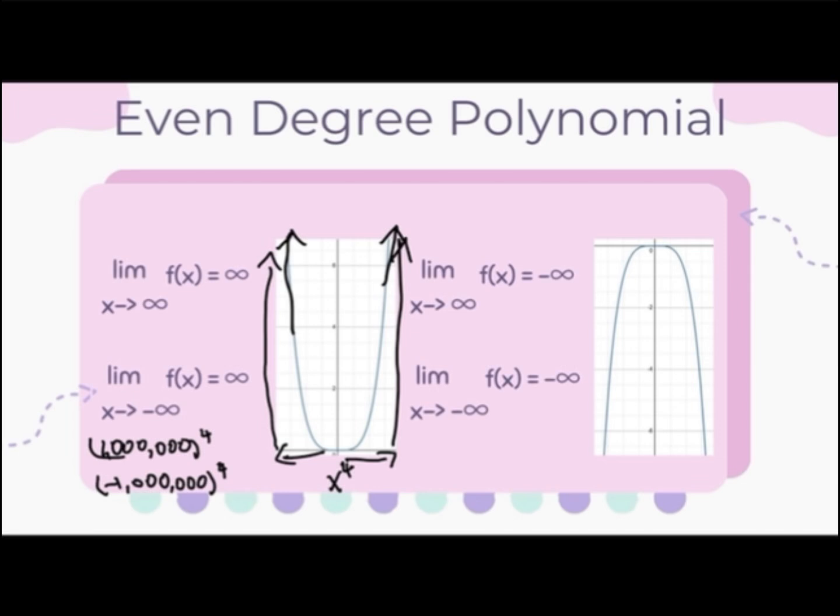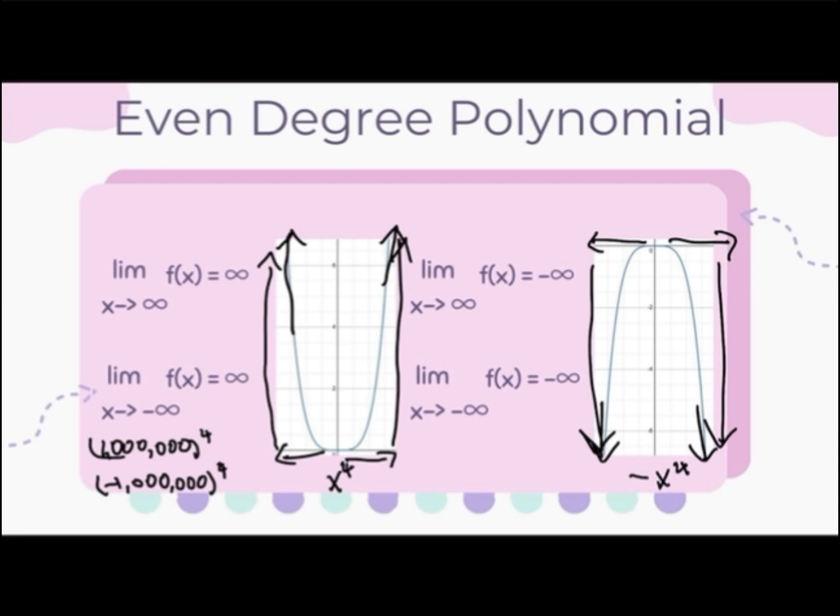And then on the right side, we have a negative leading coefficient even degree polynomial, which is negative x to the fourth. Here we can see as x gets infinitely big this way, f of x gets really negative, so it points downward at negative infinity. Also, as x gets really big on the negative side, f of x gets really negative, so it's also negative infinity.